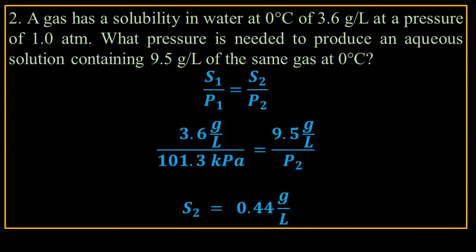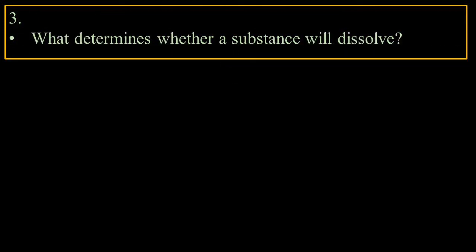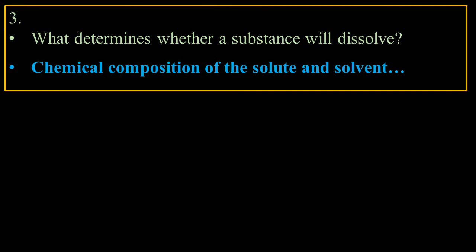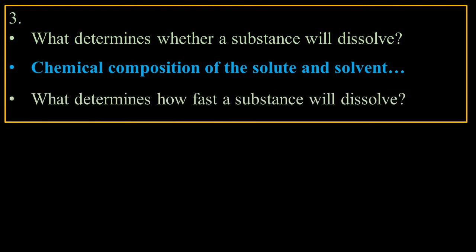Okay, now, number 3. It says, what determines whether a substance will dissolve? Well, polarity of the solvent and the solute, chemical composition of the solute and solvent, that's correct. What determines how fast the substance will dissolve?